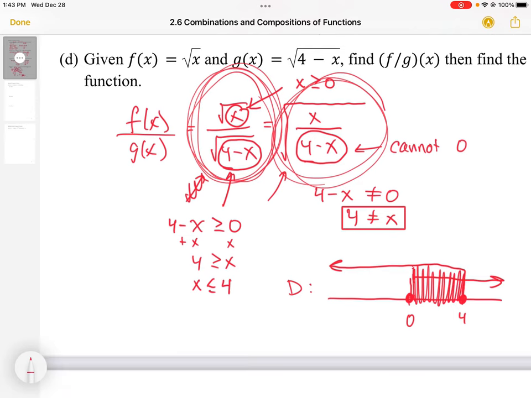However, we found a further restriction because when we divided the two functions, we ended up with a fraction. And our fraction could not have a denominator of 0. So now this domain has to be amended. x cannot equal 4. So now I need an open point at 4.